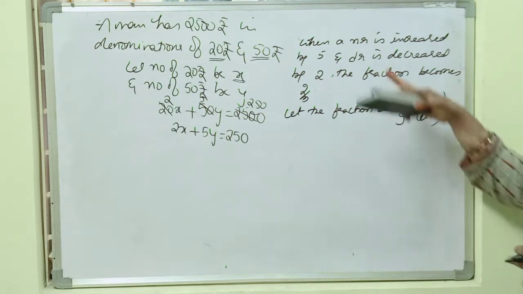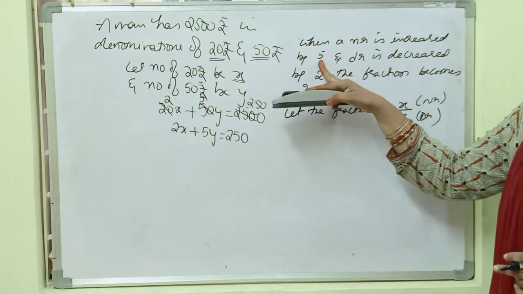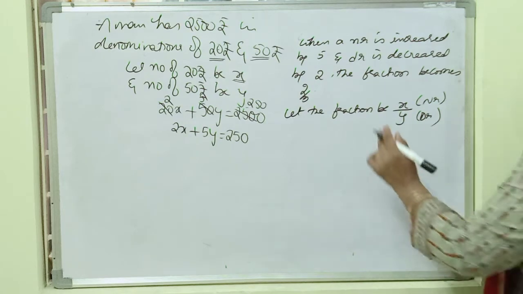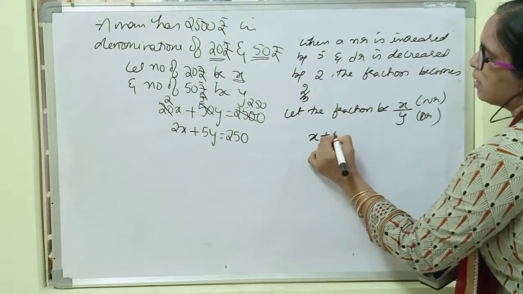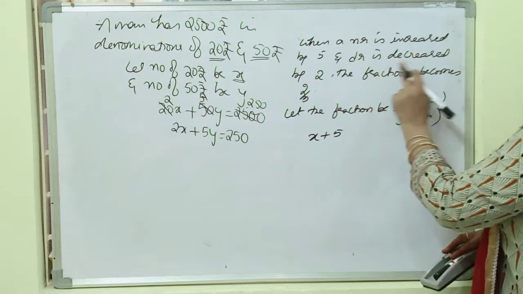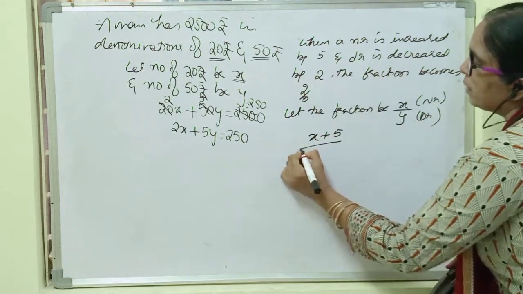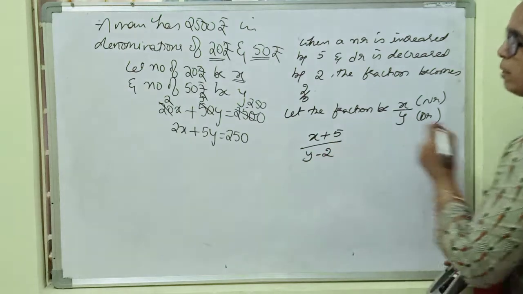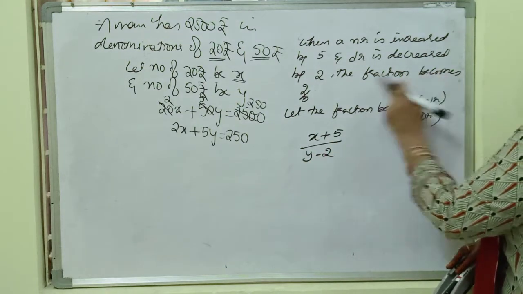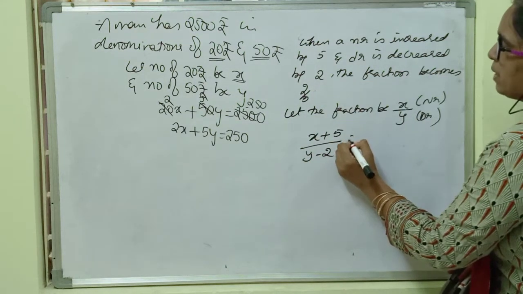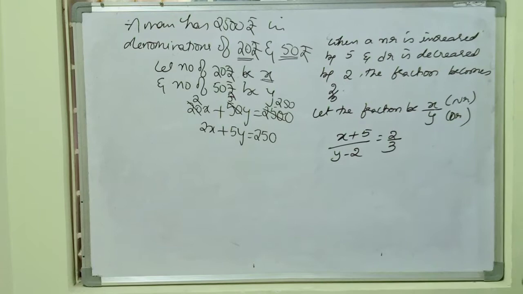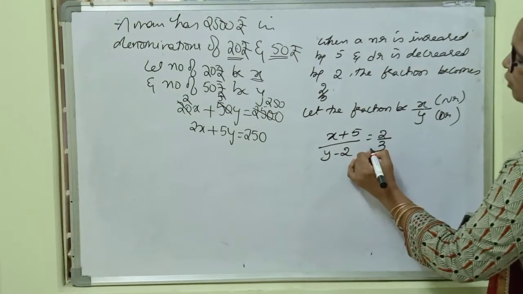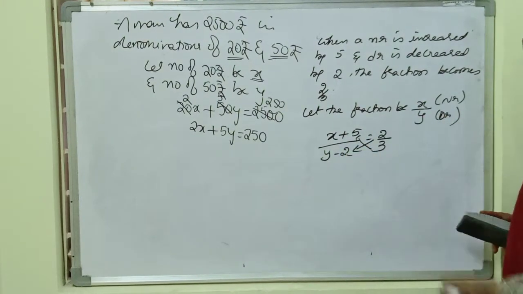Okay. Now numerator is increased by 5. Increased by 5 implies what will be happening to this one? It is increased. Increased means x plus 5, and denominator is decreased by 2. Decreased by 2 implies it is y minus 2. Then he is saying the fraction becomes 2 by 3, implies the value is turned into 2 by 3. But still it is not a linear equation. To simplify this or convert it to linear equation, what we are going to do is cross multiply.